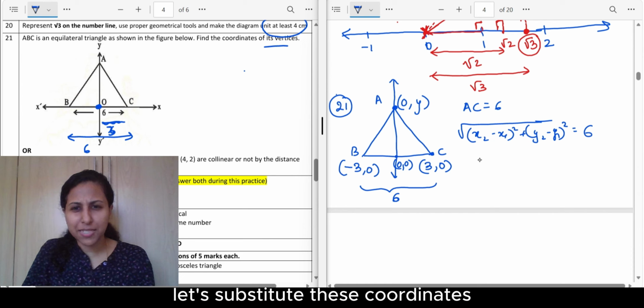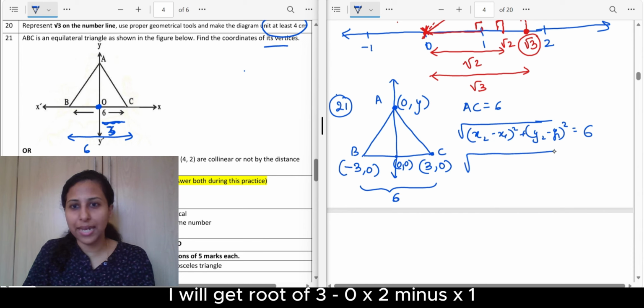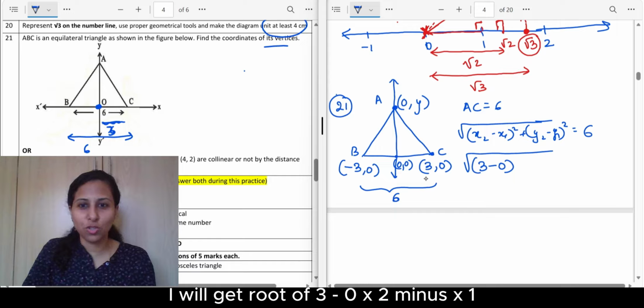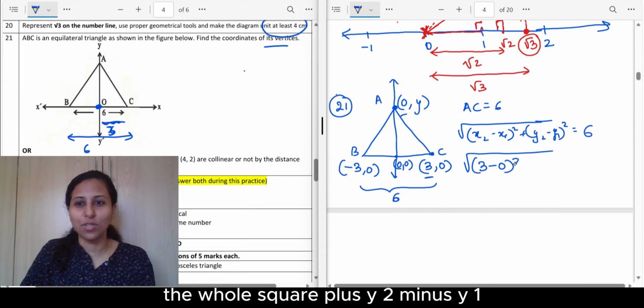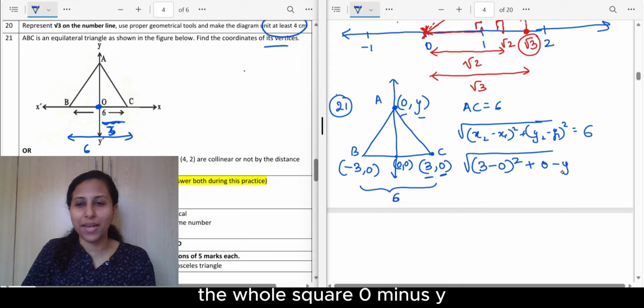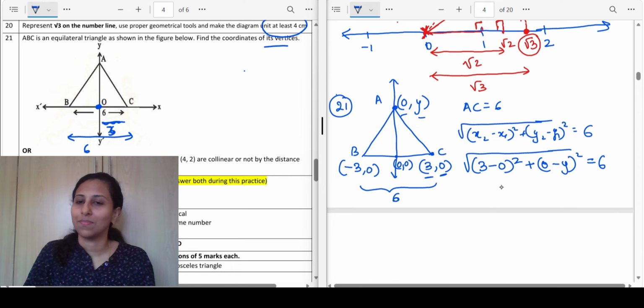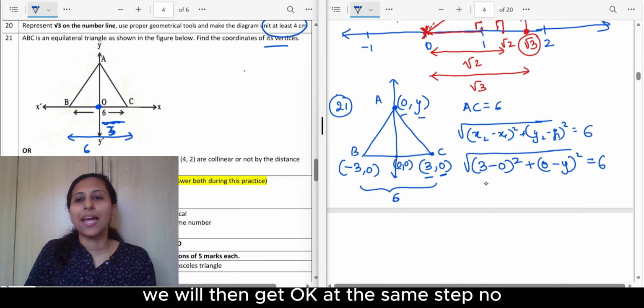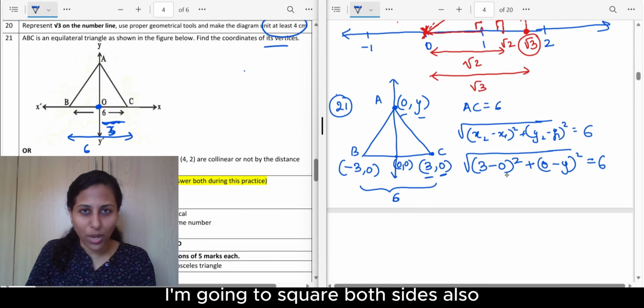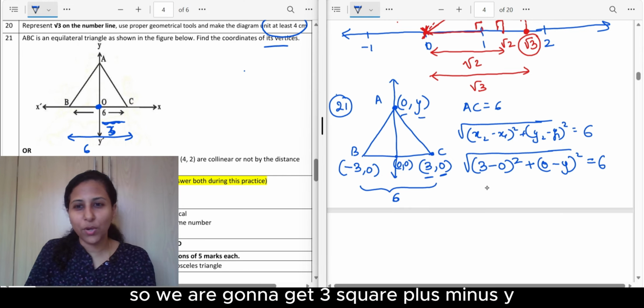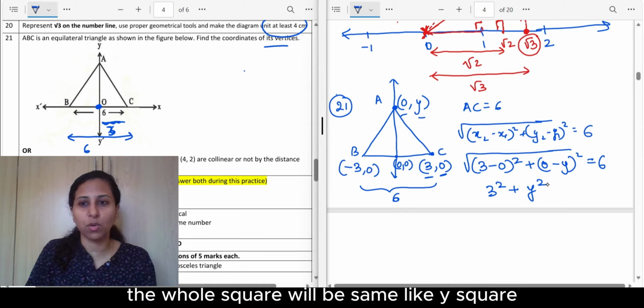Now let's substitute these coordinates. I will get root of 3 minus 0, x2 minus x1 the whole square, plus y2 minus y1 the whole square, 0 minus y the whole square. That will be equal to 6. So we are going to get 3 square plus minus y the whole square will be same like y square.